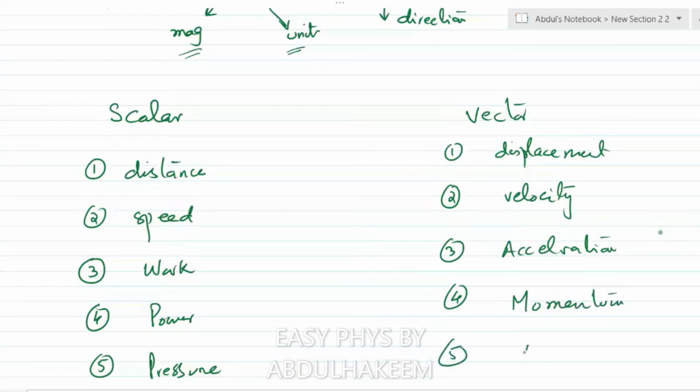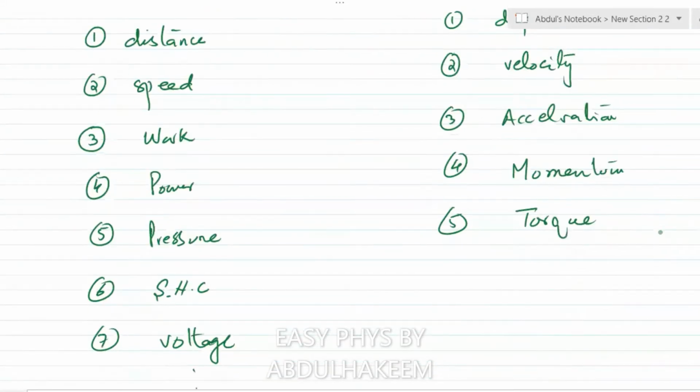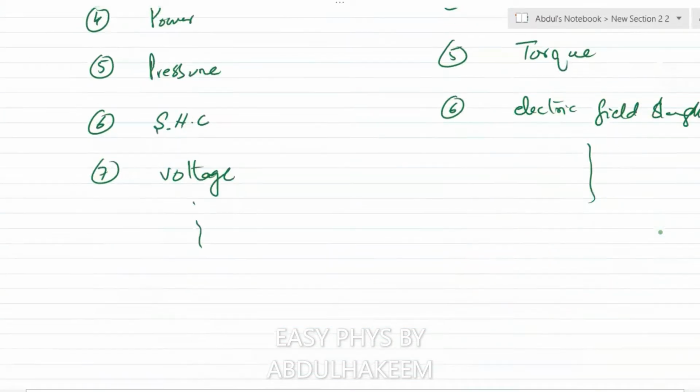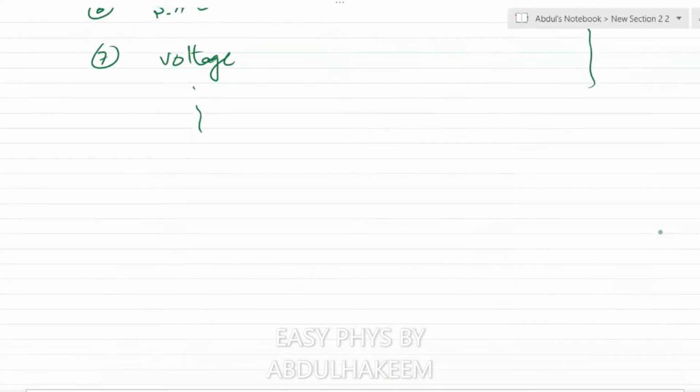Number 5 is the moment, which is also called the torque. Number 6, electric field strength. And there are many. So these are a few scalar physical quantities and vector physical quantities. Now come back to the vector.